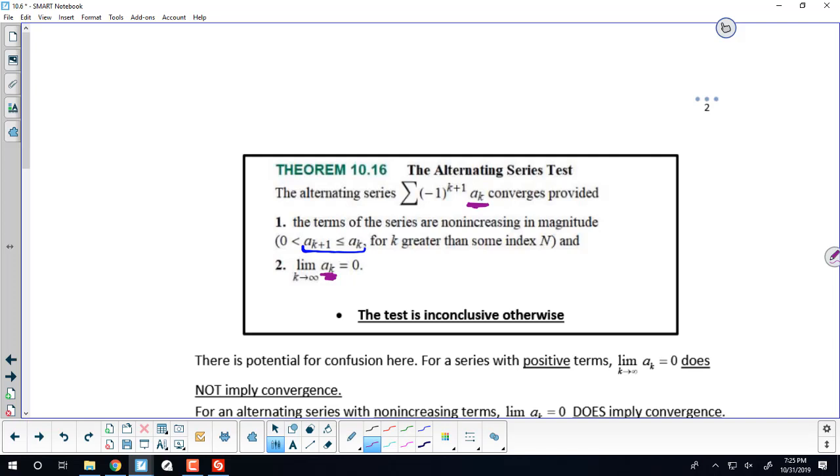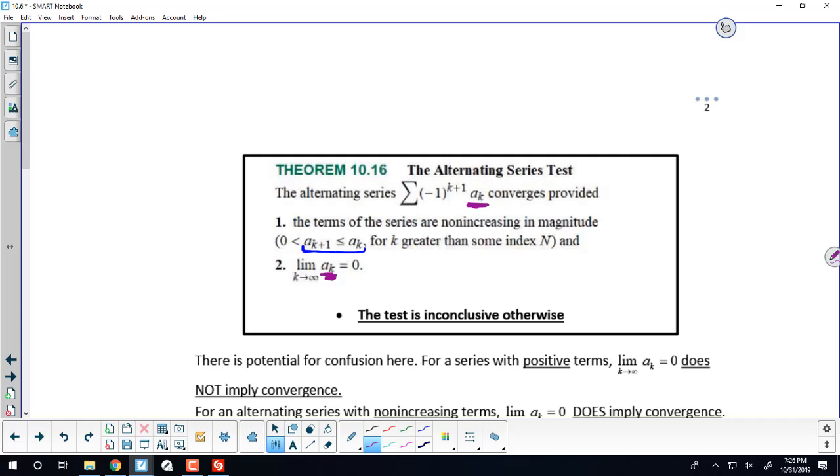So when you use the alternating series test and it says, is a sub k plus 1 less than or equal to a sub k, and does that limit on a sub k go to 0, you're totally ignoring the switch part, the part that changes the sign. And all you're testing is the terms of the sequence itself, rather. So that's very, very important. The alternating series test doesn't actually involve us testing the entire series with the switch and everything.